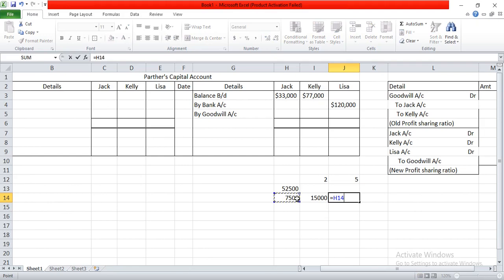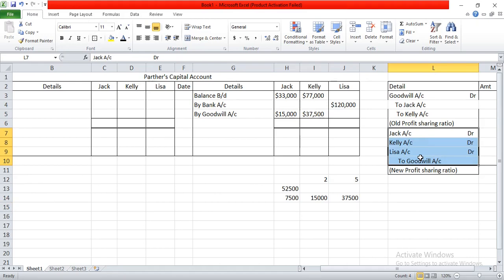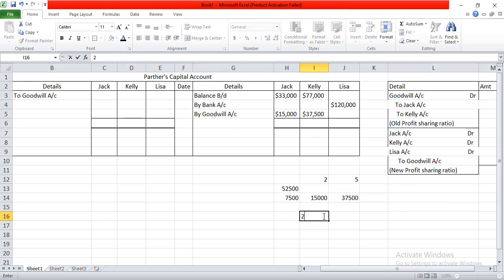Now the same goodwill needs to be written with the second journal entry, because we said that we will not keep a goodwill account. So Jack's account debited, Kelly's account debited, Lisa's account debited to goodwill account. This time it would be shared in the profit sharing ratio 2:5:3. We still have 52,500 as goodwill.